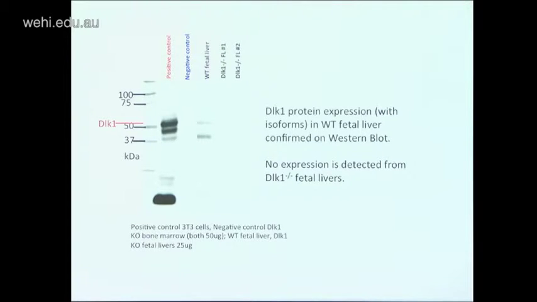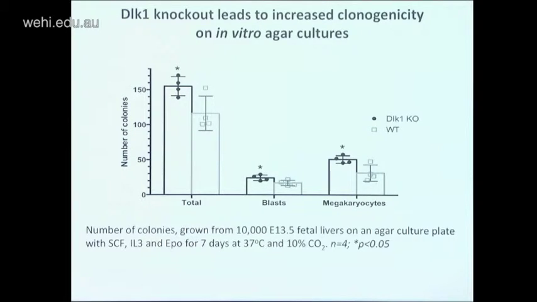So using the Dlk1 homozygous knockout fetal livers and the wild-type livers, I've performed the agar culture assays to see whether the Dlk1 knockout has any effect on the clonogenicity.